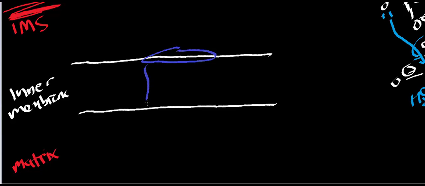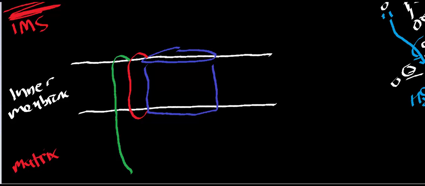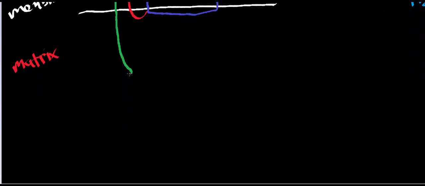Okay? And then you're going to have, and I'll go ahead and label these in just a minute, let me go ahead and draw these. And again, this is testing my artistic skills, right?